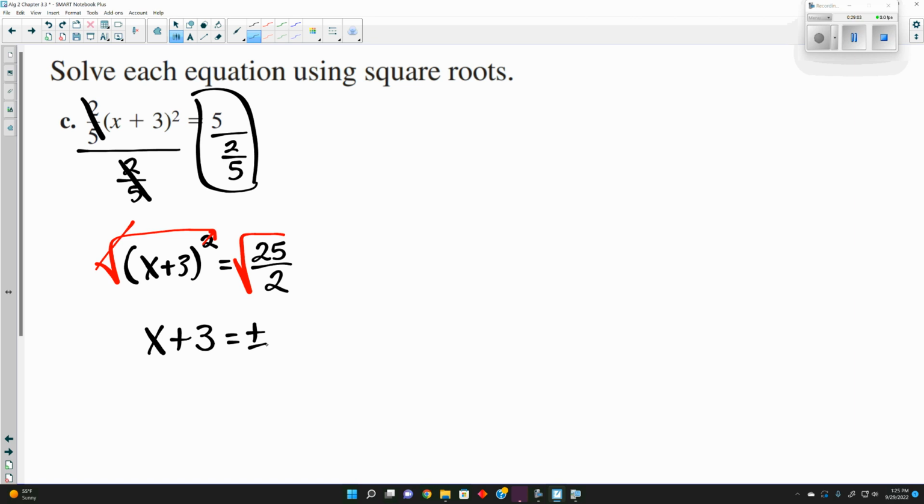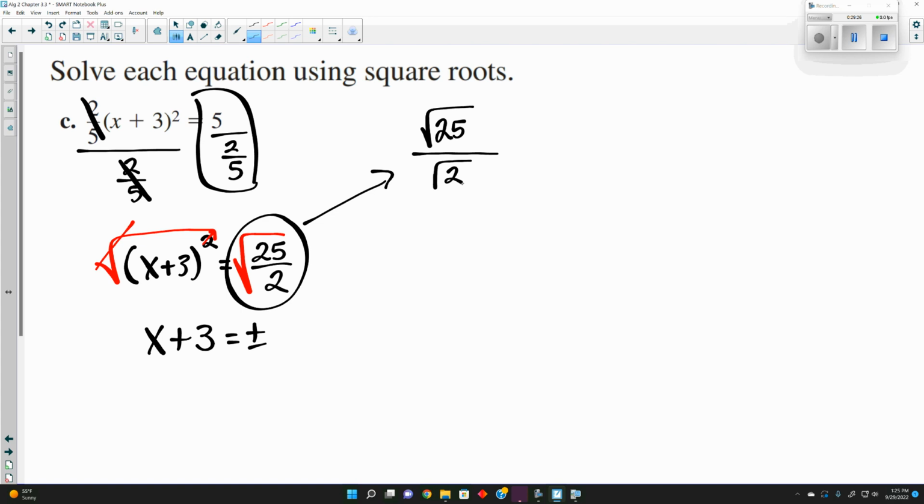Now we can try plugging the square root of 25 over 2 in the calculator. It gives a 3.55 decimal, and it won't put it back. So what we can do for this here is split it up. And in the yellow calculator, type it in as the square root of 25 over the square root of 2.